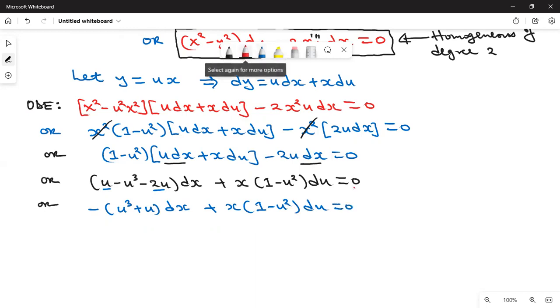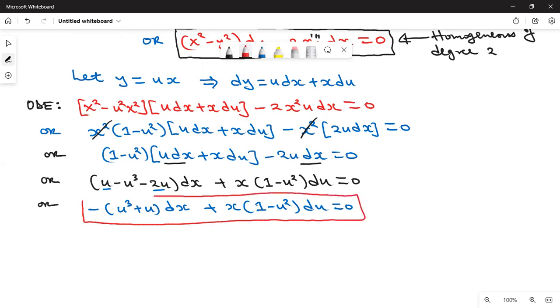So this equation here is separable. It is possible to collect the x's and the dx on one side and the u's and the du's on another side. So this is a separable ODE.